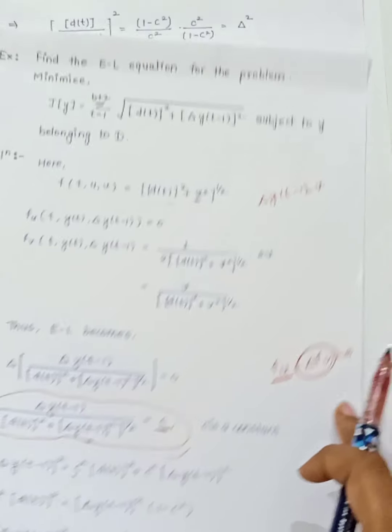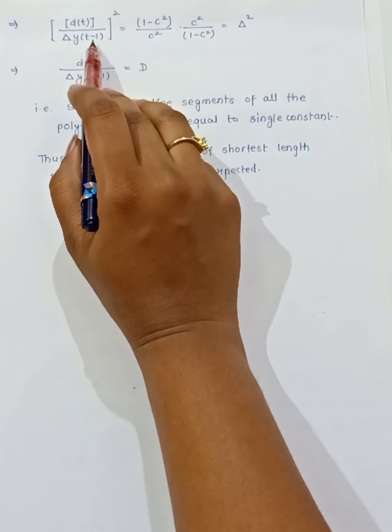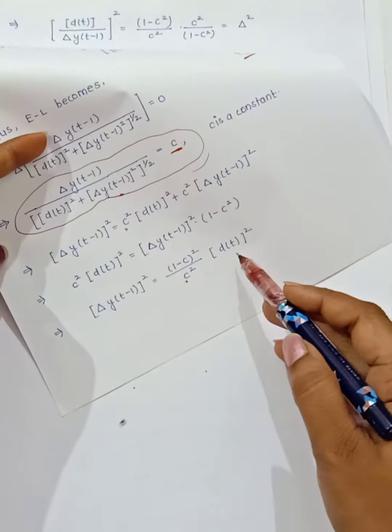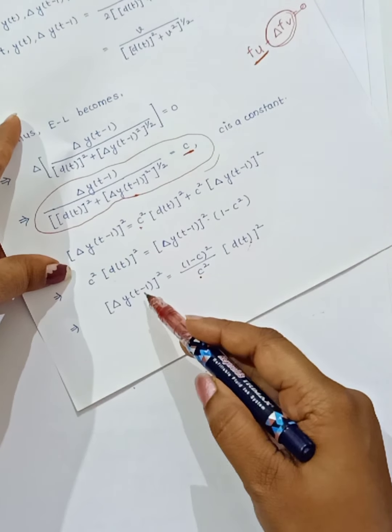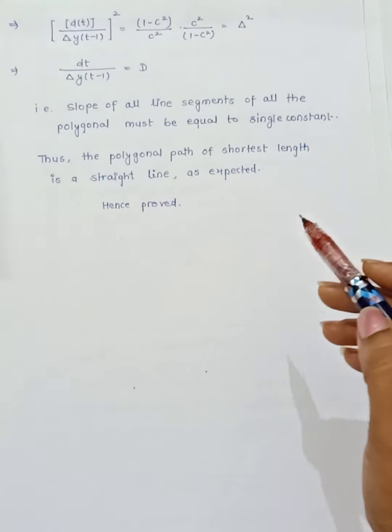Next, dt upon Δy_{t-1} whole square. So we have shifted this Δy_{t-1} into this, and this term into this side.